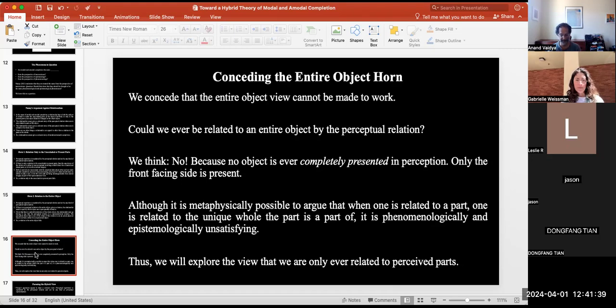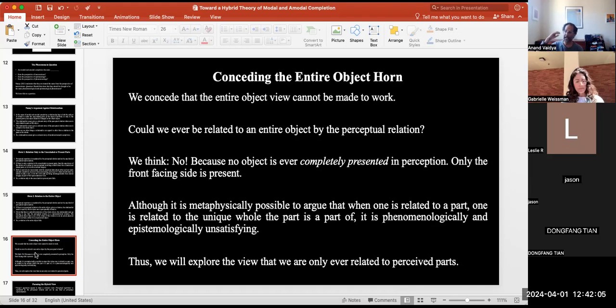And that's the idea that we can never be related to an entire object through a perceptual relation. And that's because every object engages in the phenomenon of self-occlusion. The front side of Gabriella's face occludes the back side of her head. The front side of any facing object occludes the other side of it.